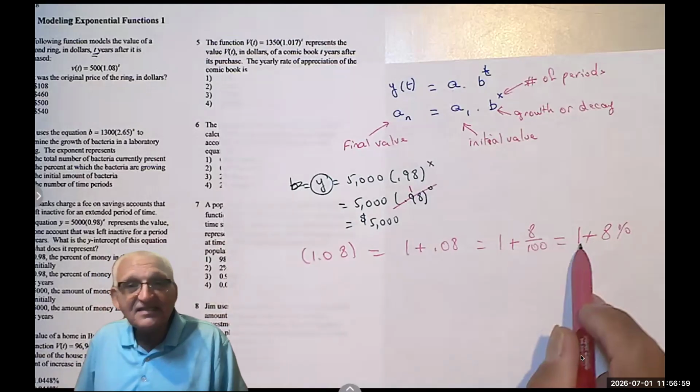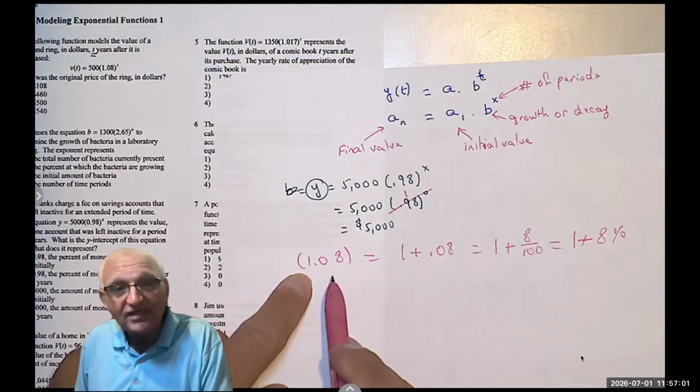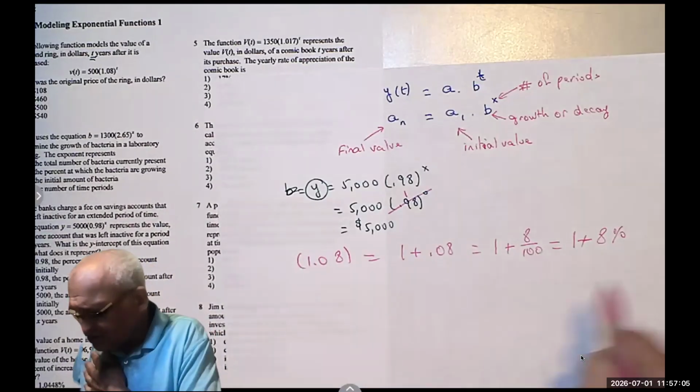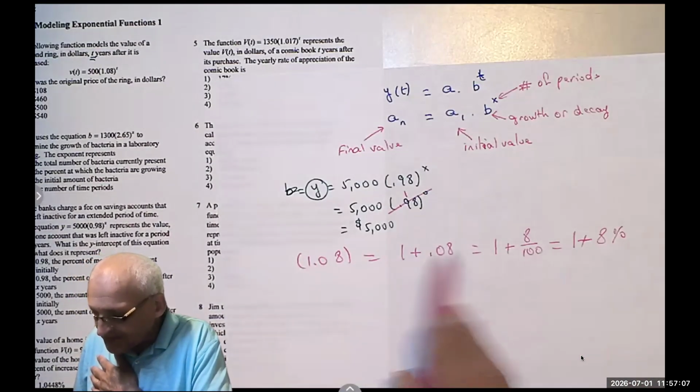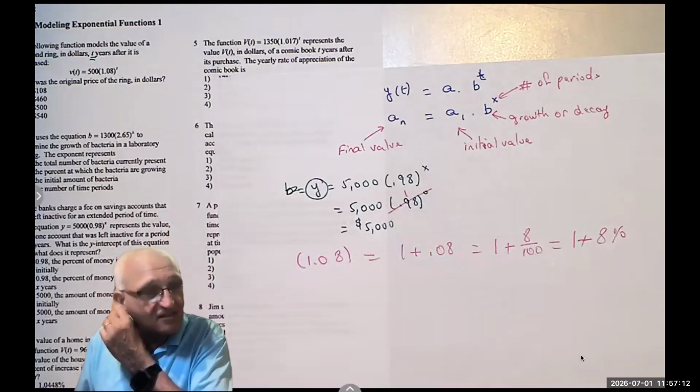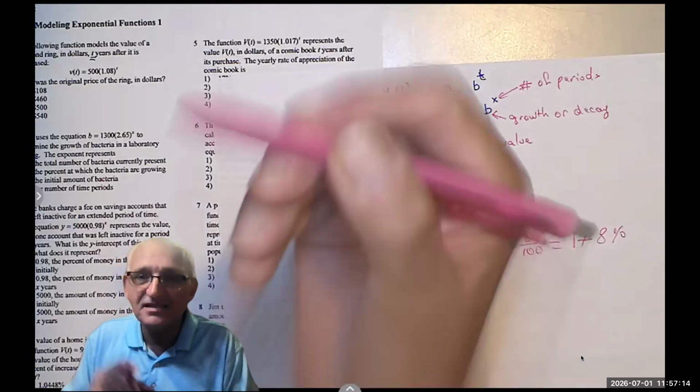Since this number altogether is greater than 1, it means 1 is the initial value, and the extra is the percent increase per year.